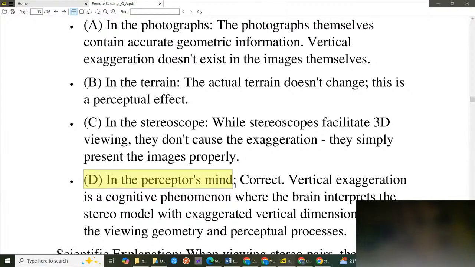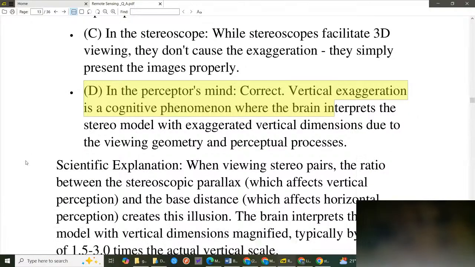In the perceptor's mind, correct. Vertical exaggeration is a cognitive phenomenon where the brain interprets the stereo model with exaggerated vertical dimensions due to the viewing geometry and perceptual process.